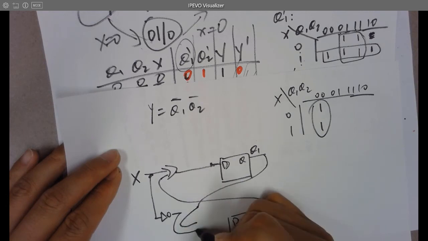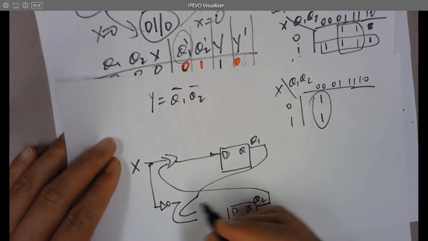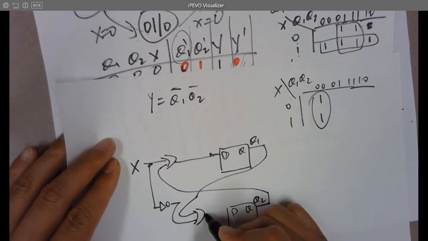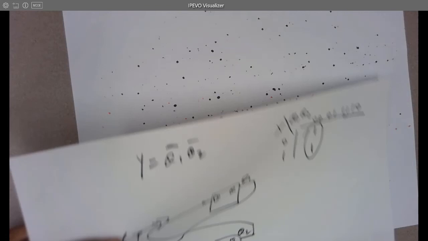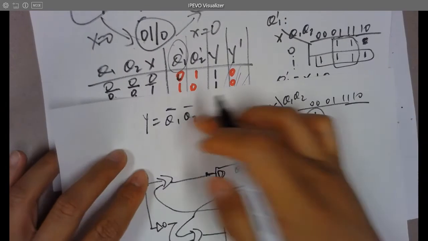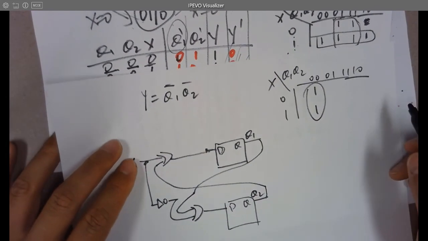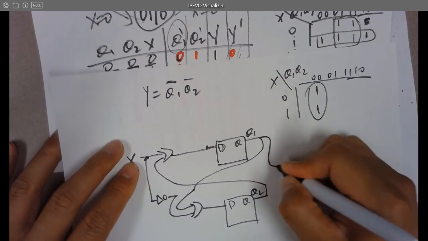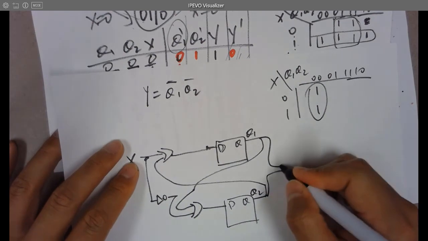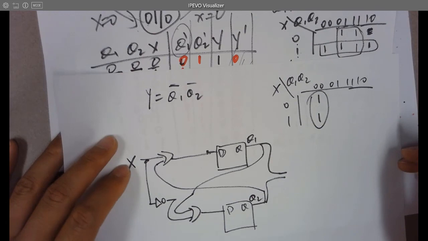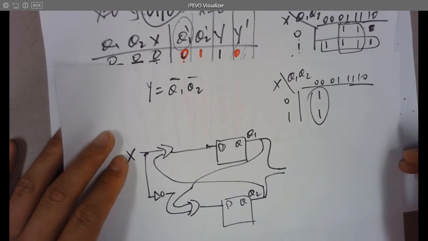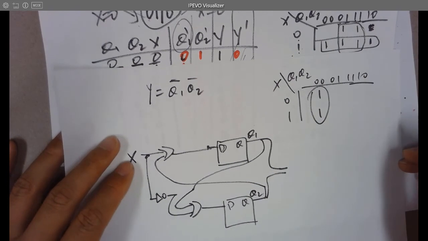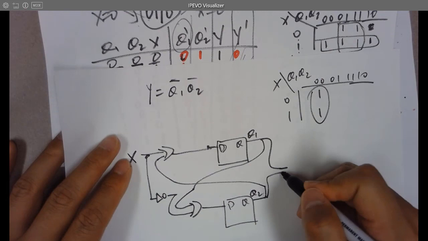Yeah, I'm going to draw it really nicely. Or Q1, that's Q2 prime. So what about Y? Q1 bar, Q2 bar, right? Q1 bar, Q2 bar. So what is that?